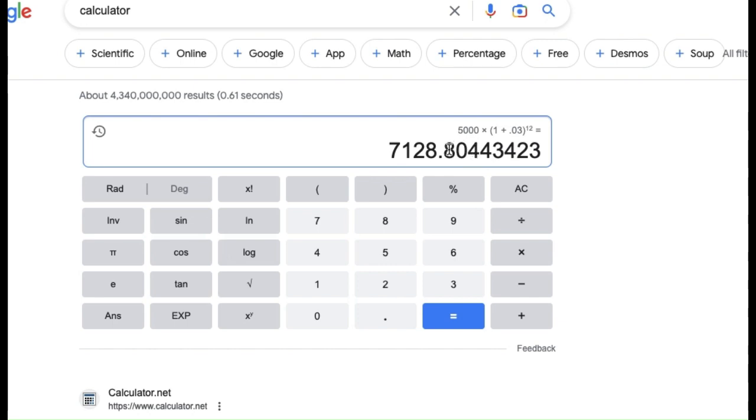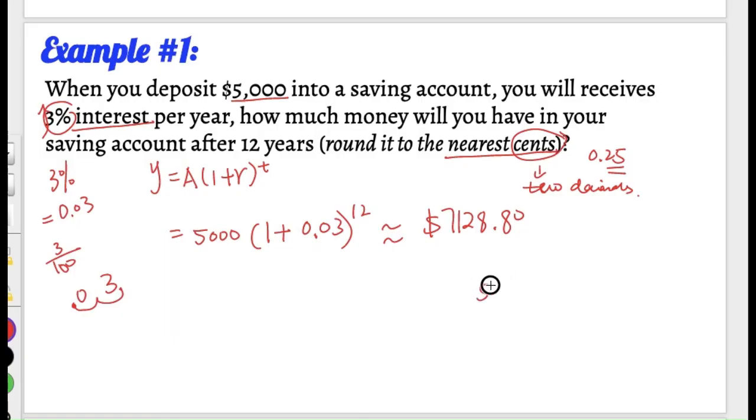So if we need to keep the first 2 decimals, we just need to check the third one. If it is greater than or equal to 5, you raise it up. If it is less than or equal to 4, then you just get rid of it. So it's like 5 or more, raise the score; 4 or less, let it rest. This is the basic way to do it. So this is our final answer for this one.